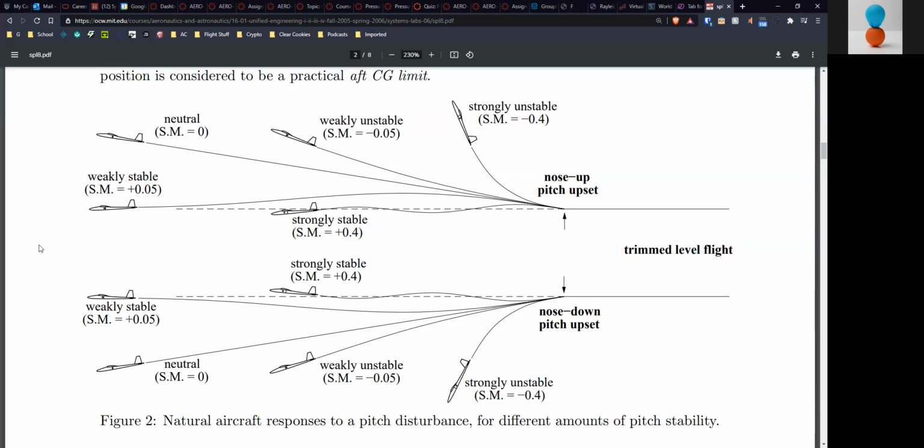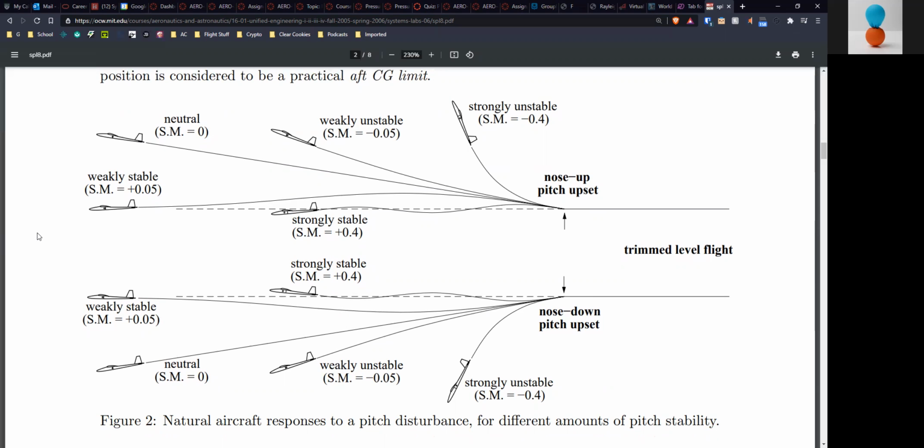So basically that means you try to place the center of gravity in a location that will give you the desirable stability characteristics. And for most conventional aircraft, that position is within the longitudinal chord distance of the wing, somewhere between the leading and trailing edge of the wing.